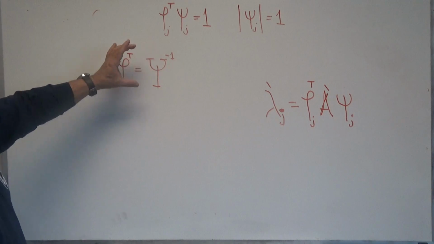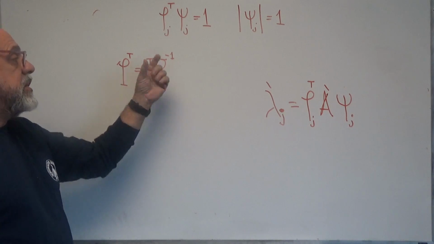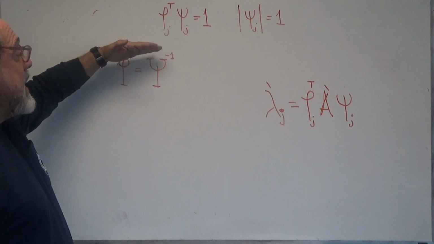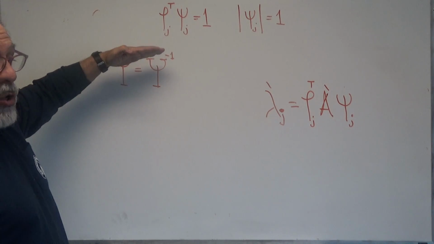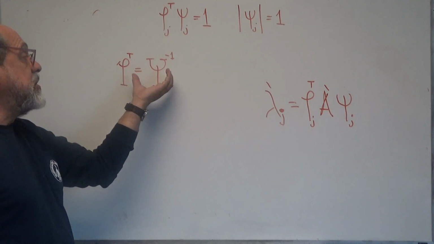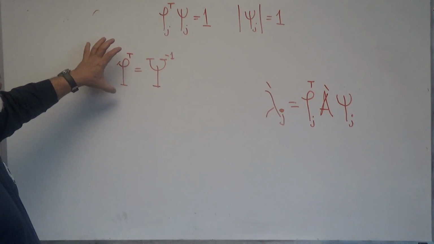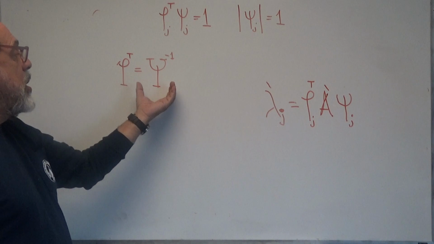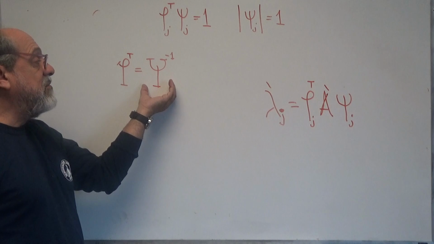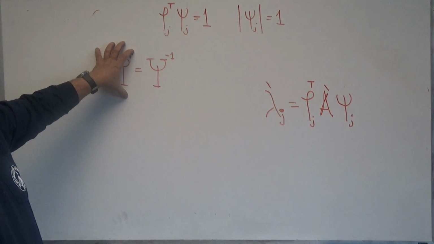Or, if you'd like to say it in another way, when two columns or two rows of this matrix are nearly linearly proportional, or if there are any columns or rows which are almost linear combinations of the others, then the matrix is poorly conditioned and its inverse will have large values. So what we conclude from this argument is that poor conditioning on phi, on the eigenvectors of the matrix, implies large values of the left side eigenvectors.